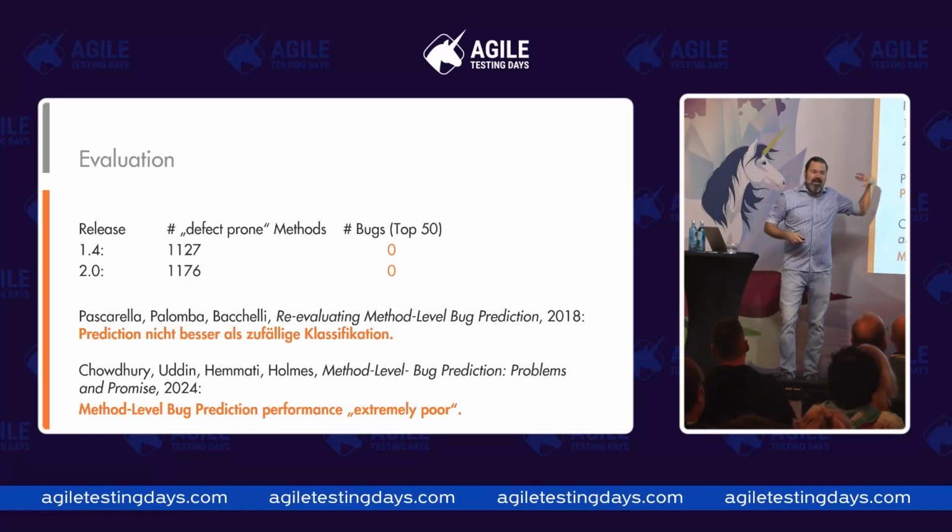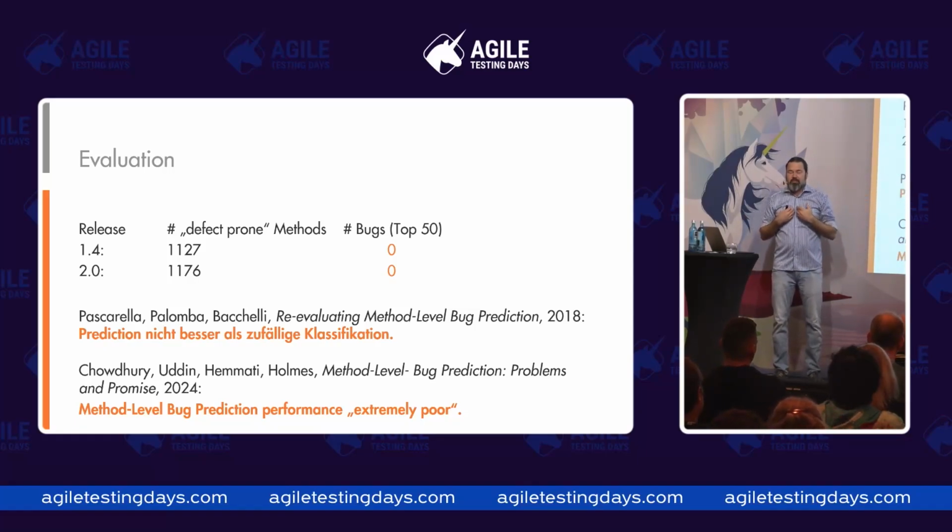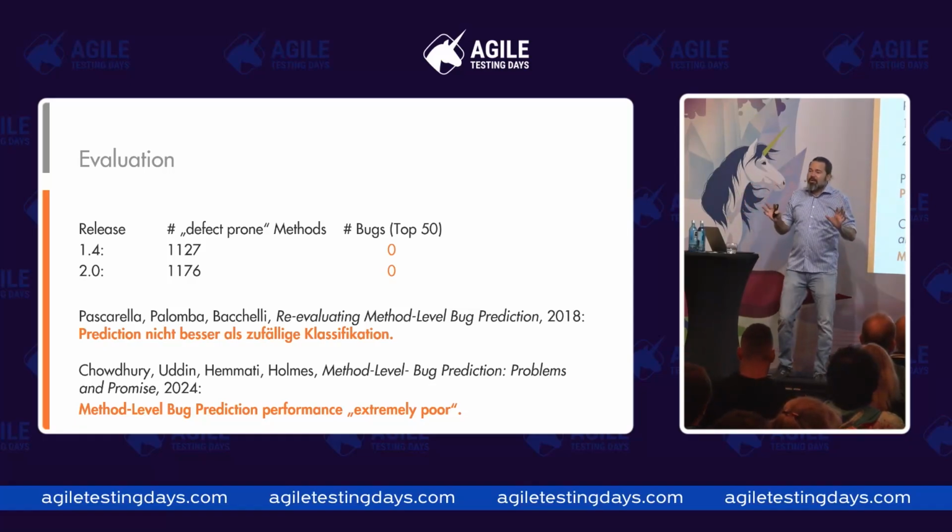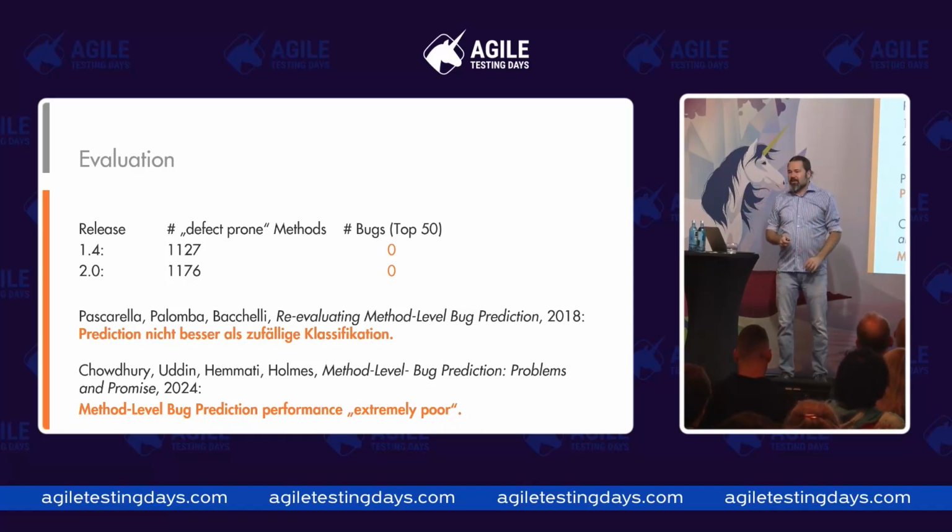So even though it sounds like it would be a great thing, we haven't been able to get it to work. Other researchers I highly look up to, like Alberto Bacchelli and Reed Holmes, haven't got it to work. So I think with everything we know about AI and defect prediction, it simply does not work yet.